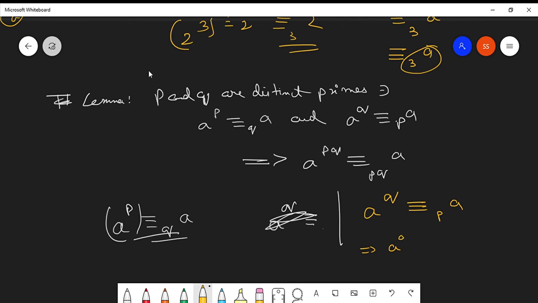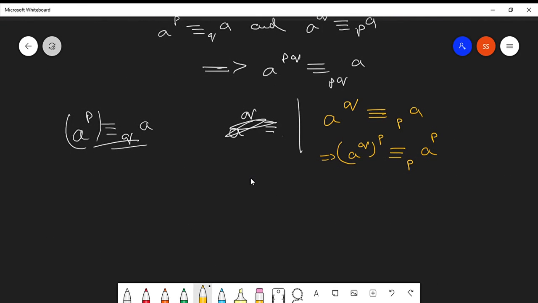So a to the power q whole to the power p is congruent to a to the power p mod p, right? Now, what is a to the power p mod p?